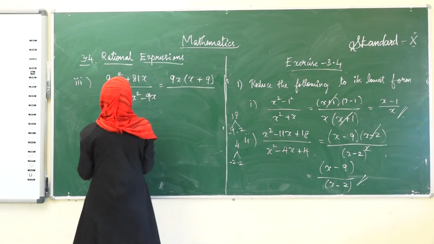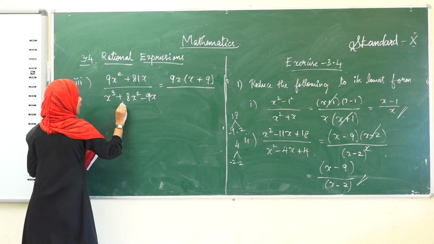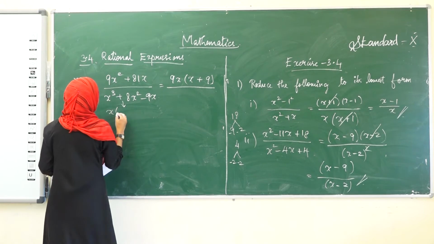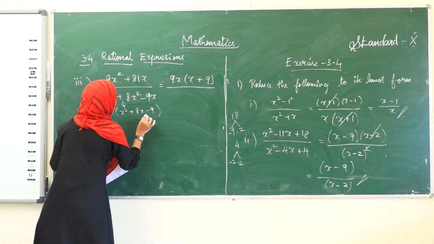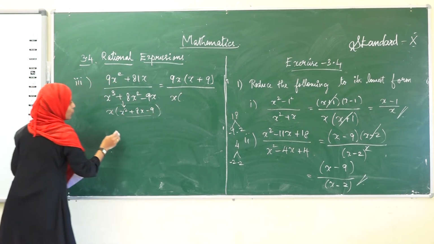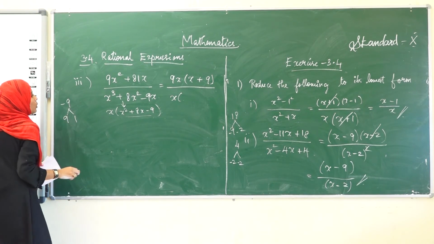This whole is divided by, see here, we are going to factorize this. Before factorizing, we can take x outside because we have x in all the terms. Therefore, x square plus 8x minus 9. Now, we are going to factorize this. Therefore, here x into, on factorizing, minus 9 and 1.